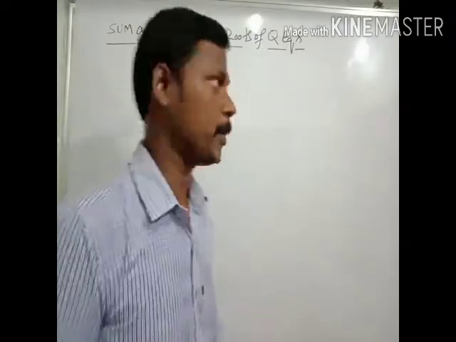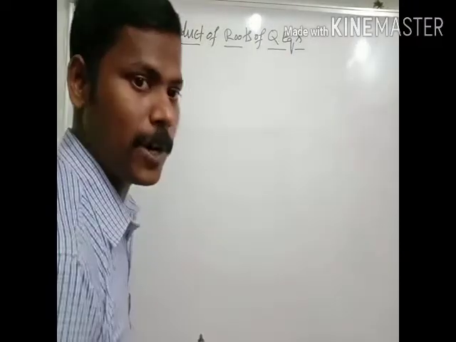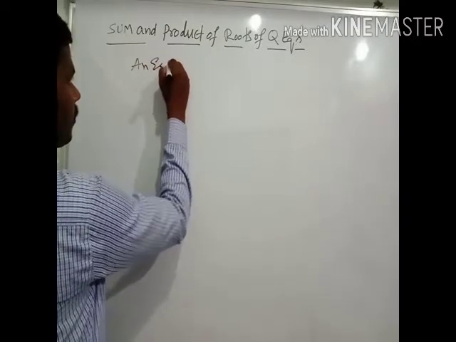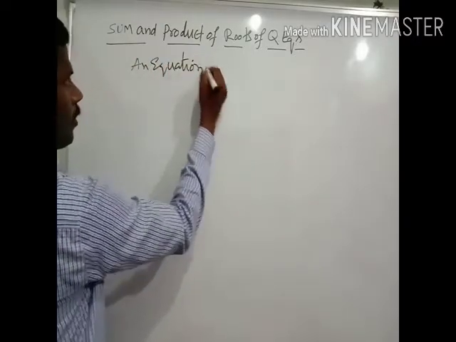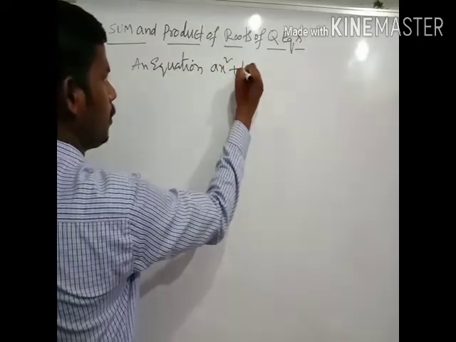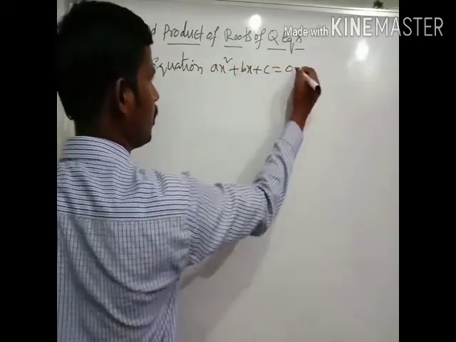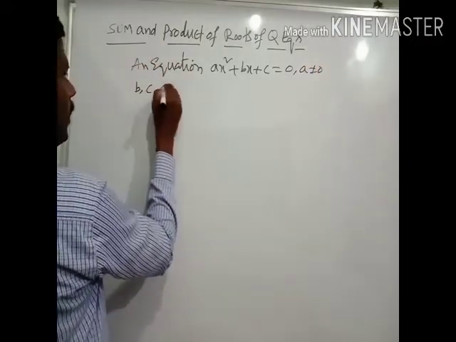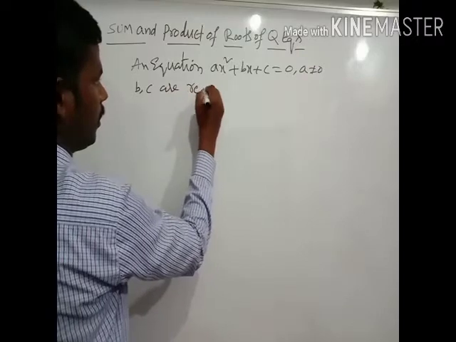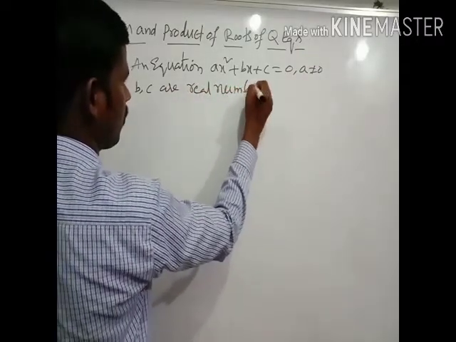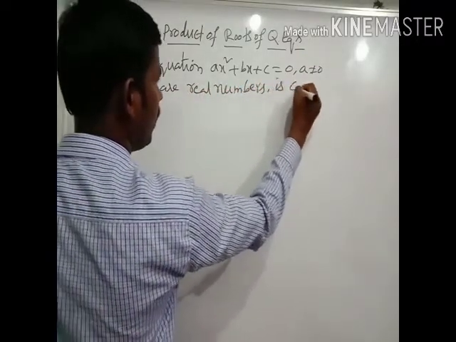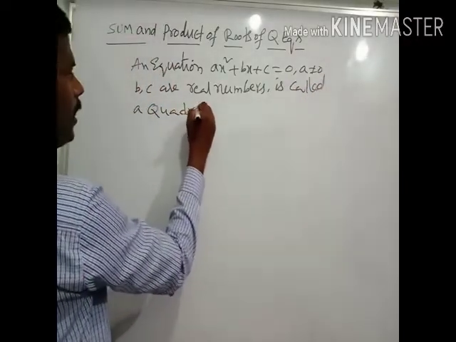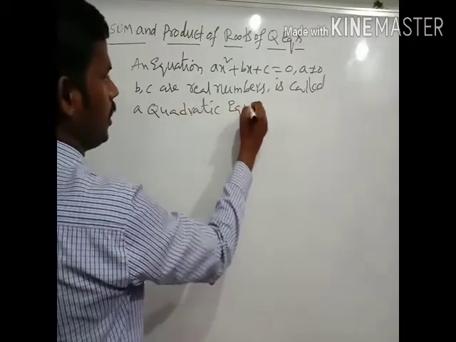Okay children, so first of all, what is the general form of a quadratic equation? An equation ax square plus bx plus c equal to 0, where a not equal to 0, b, c are real numbers, is called a quadratic equation.